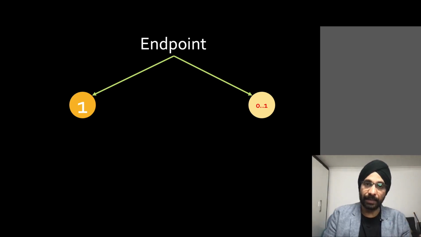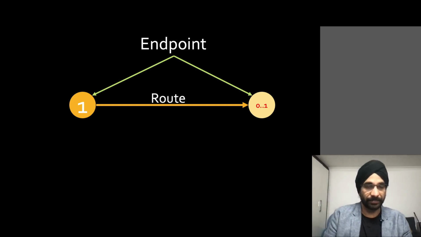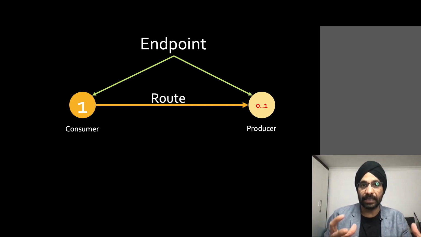In Apache Camel, these two nodes or endpoints get connected through a line called a route. The left-hand side node or endpoint is called the consumer. Why is it called consumer? Because it's consuming data from some upstream source. The right-hand end of a route is called the producer. Why is it called producer? Because it's producing some data for your application or for your downstream client.